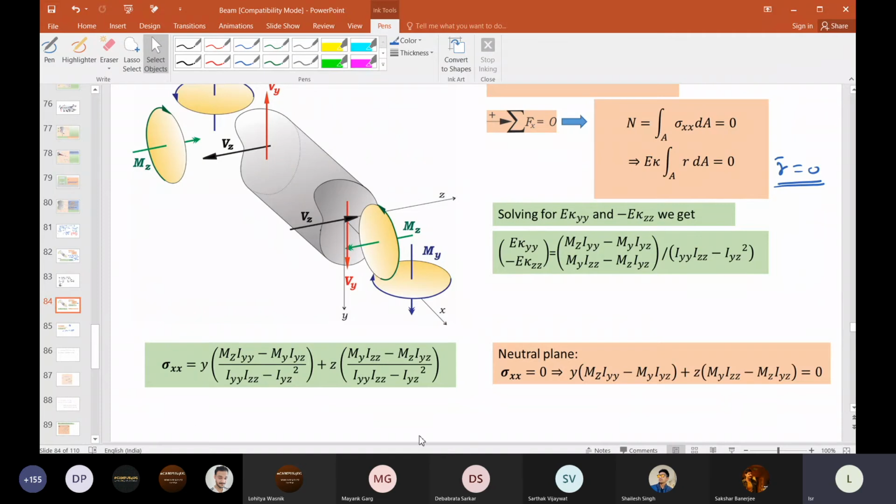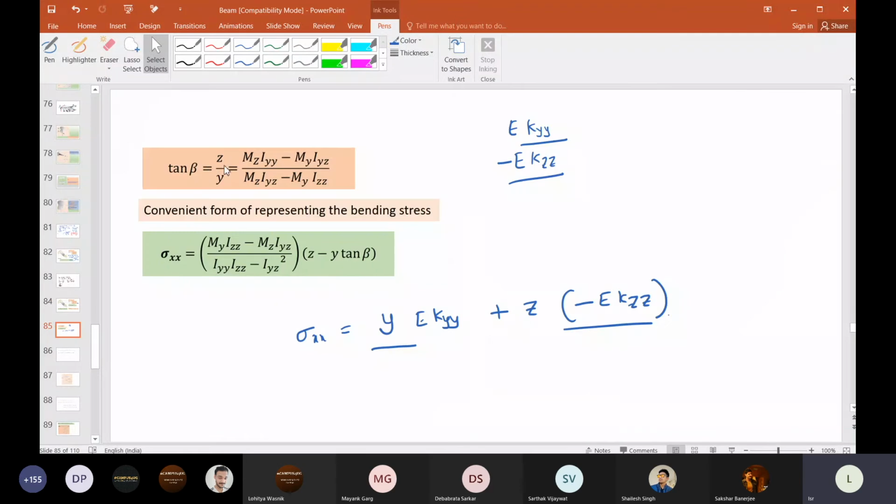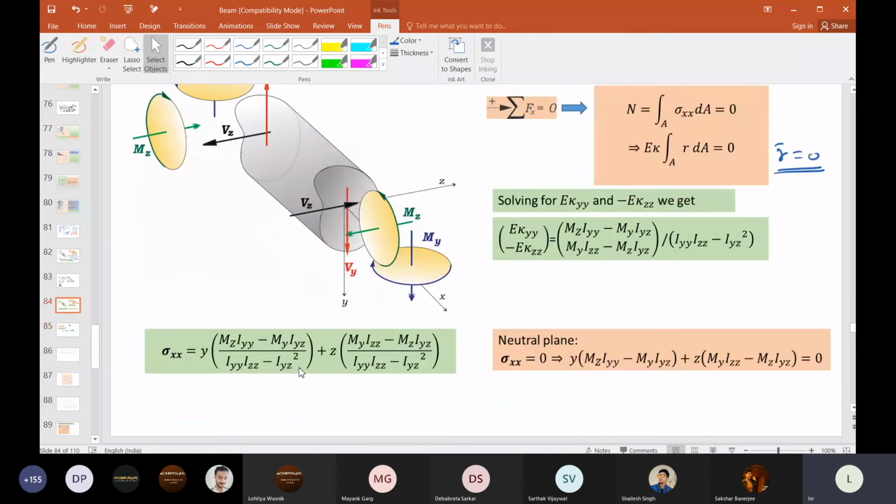This is actually my stress equation. If you want to find out the neutral plane, sigma xx along the neutral surface is 0, which is known to us. So equate this equal to 0. So you will get tan beta is equal to z by y, that will be equal to this by this.